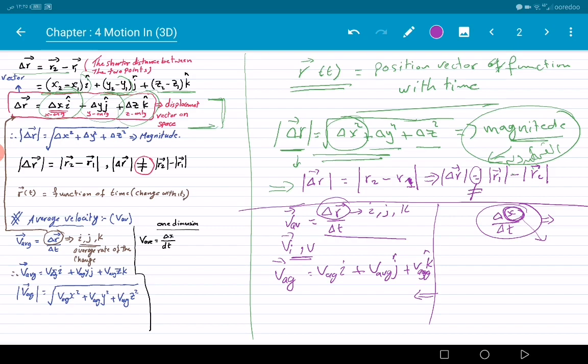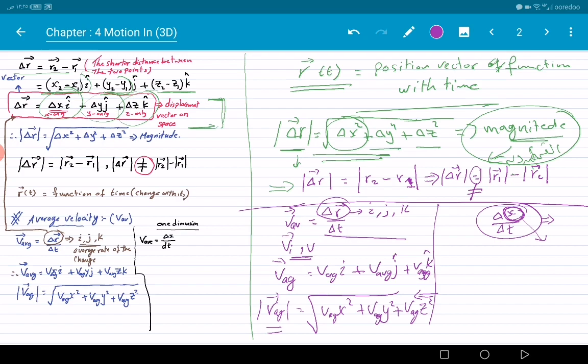And the magnitude here is the speed. So the magnitude of the v average is equal to the square root of v average x square plus v average y square plus v average z square.